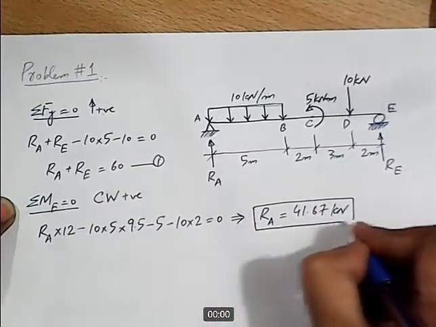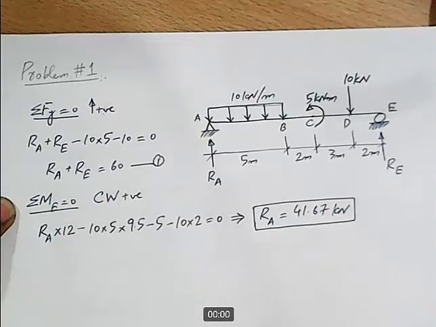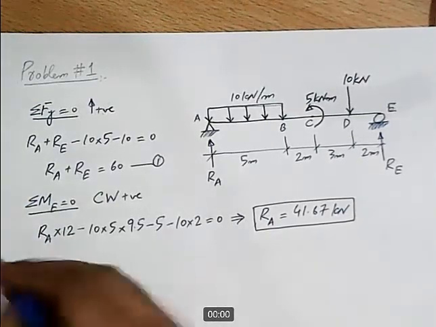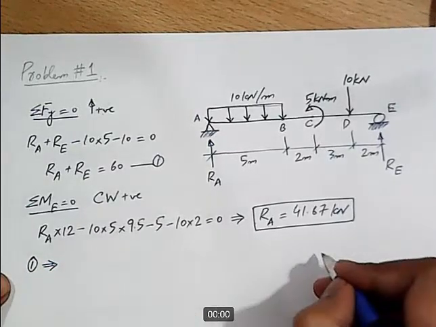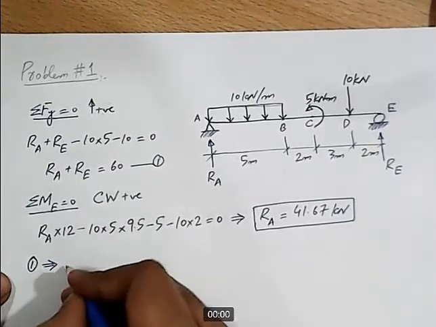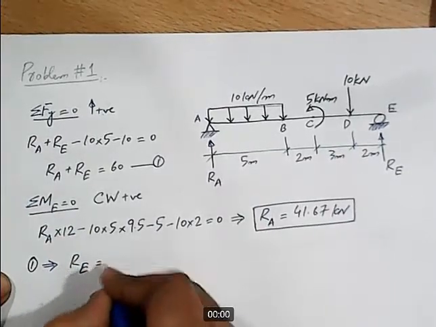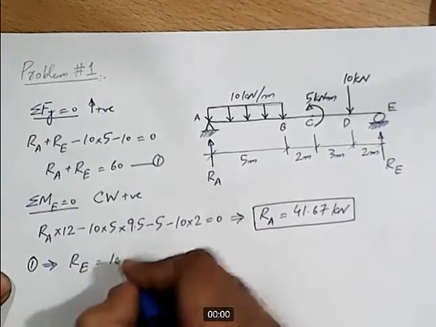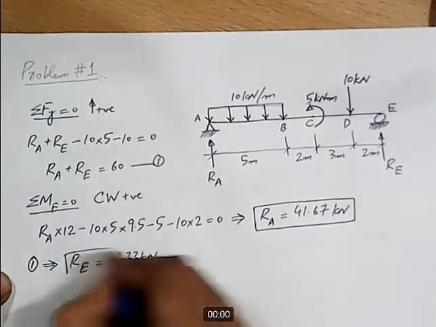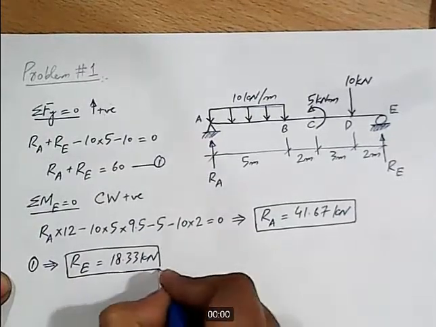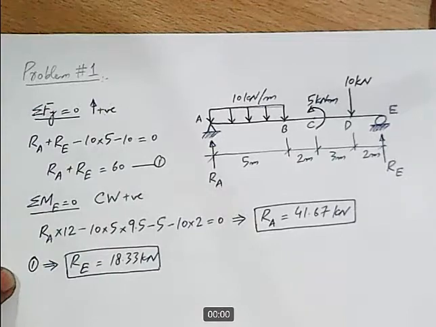This is the reaction at support A. Then if we plug this value into equation number 1, we can calculate RE, which comes out to be 18.33 kilonewton. So now we have the values of both reactions.